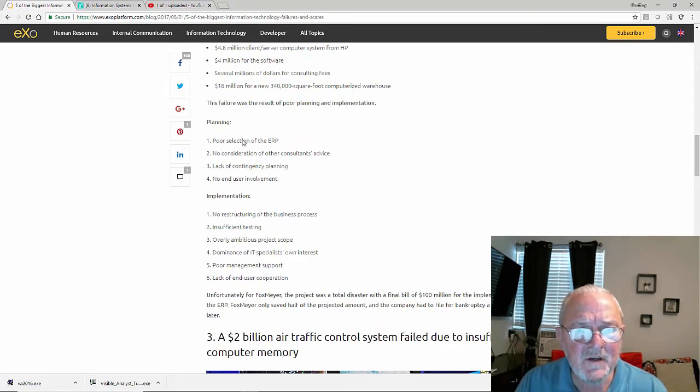Planning: poor selection, no consideration of other consultants' advice, lack of contingency planning, no end-user involvement. Bingo, good. Implementation: no restructuring of the business process. Obviously, implementation is a phase of the SDLC. Insufficient testing, overly ambitious project scope, dominance of IT specialists' own interests, and so on and so forth. This obviously would be a very good and appropriate example to include in your research, except that we've used it here in this example, so it's off limits.